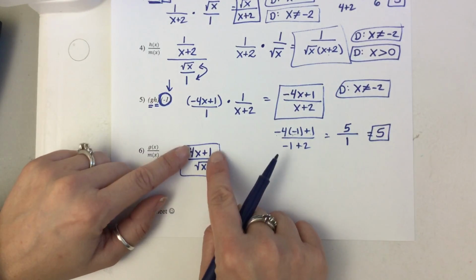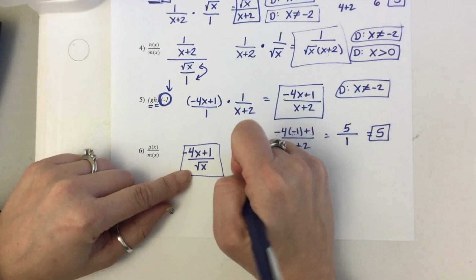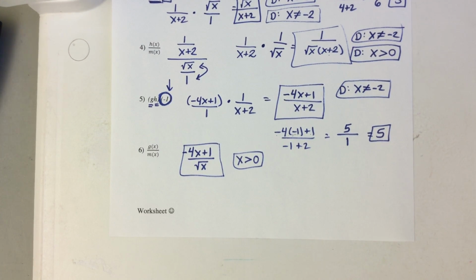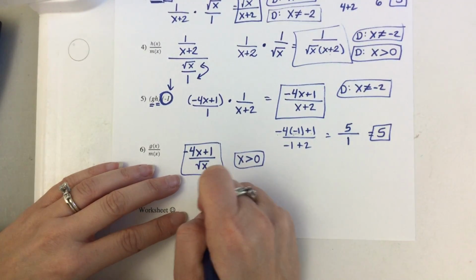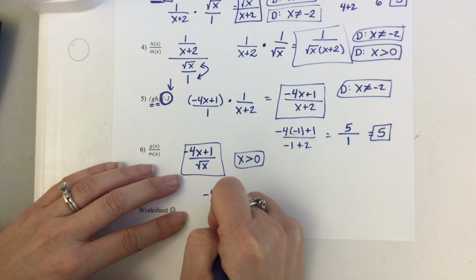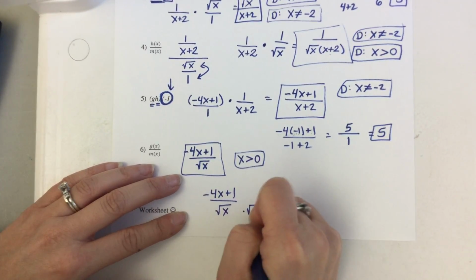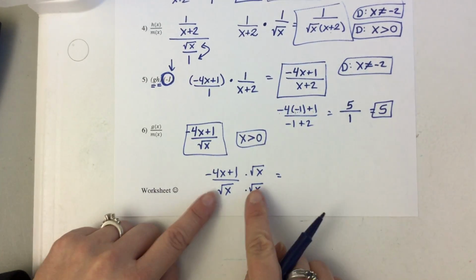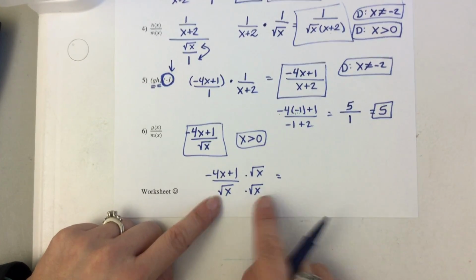Okay, so if I keep it like this, x would have to be greater than 0. It can't be negative because it would be imaginary, and it can't be a 0 because it's on the bottom. However, remember you're never allowed to leave a square root on the bottom of a fraction. So what you would have to do here is multiply both top and bottom by the square root of x. This is called rationalizing the denominator.